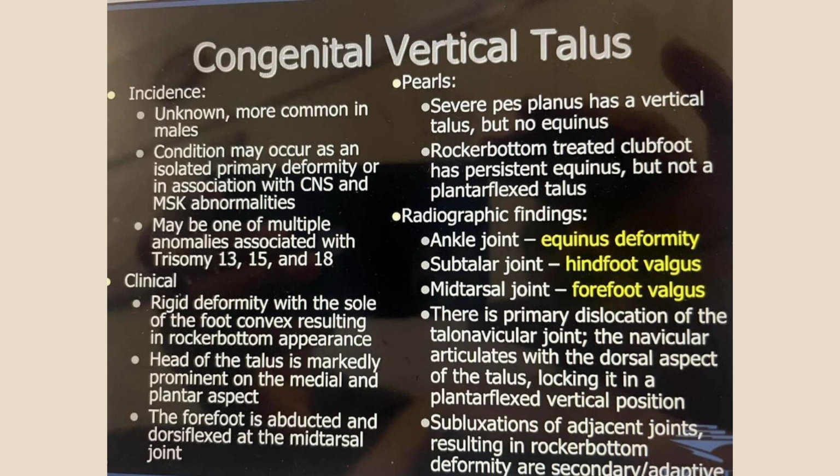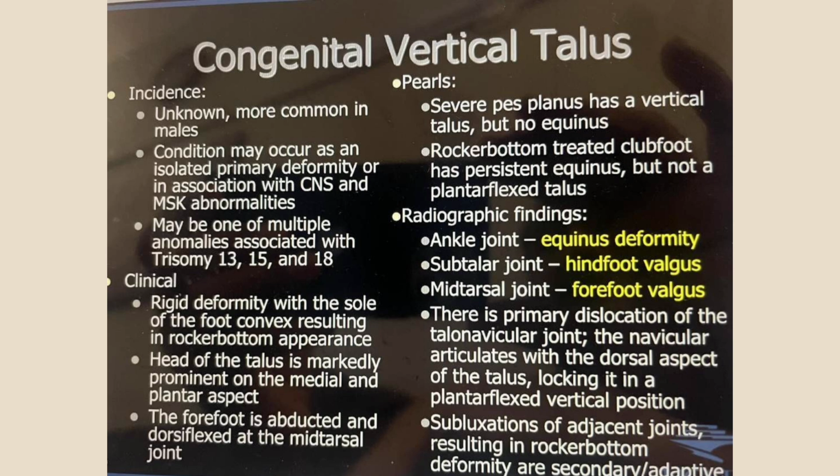Clinically, this is a rigid deformity and usually not plantigrade, a rocker bottom foot, and the head of the talus is markedly prominent on the medial and plantar surface. The foot is abducted and also flexed at the midtarsal joint. Severe pes planus has vertical talus but not equinus. A rocker bottom treated clubfoot has persistent equinus but not a vertical talus.